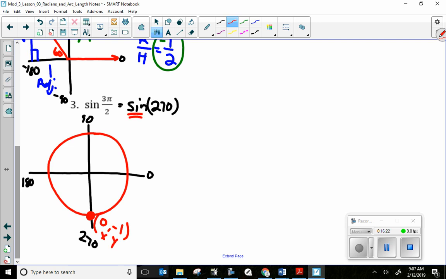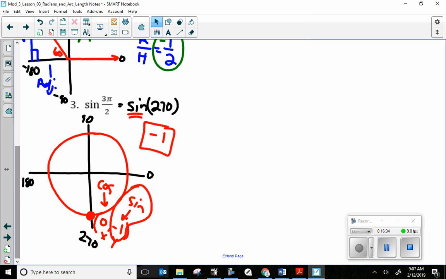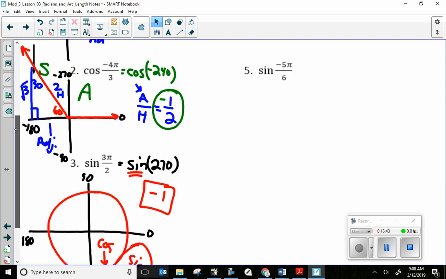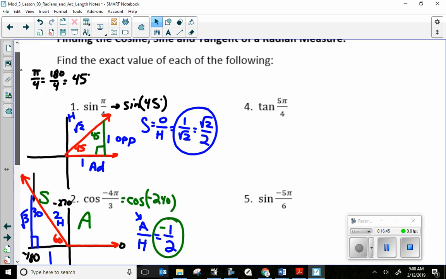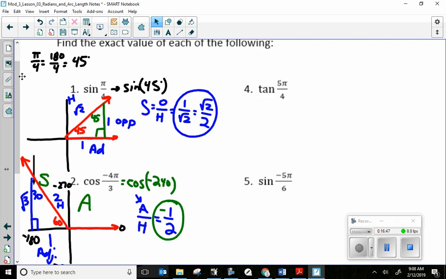Sine is always the y value. Cosine is always the x value. So that is -1, because it's the sine value. I love it when they ask us to solve for 90, 180, 270, 360, 0, because you don't have to draw any triangles. You just have to count to 1. Fantastic.